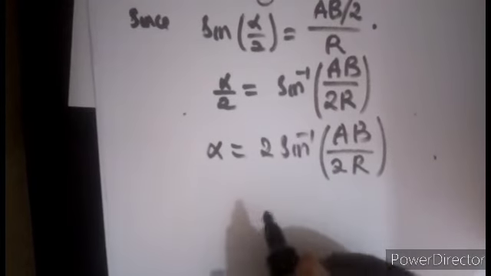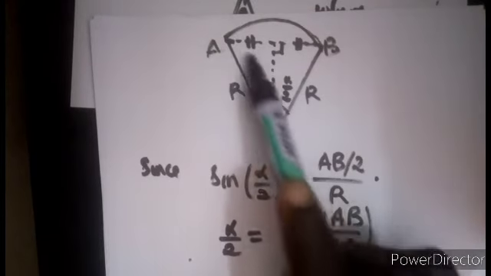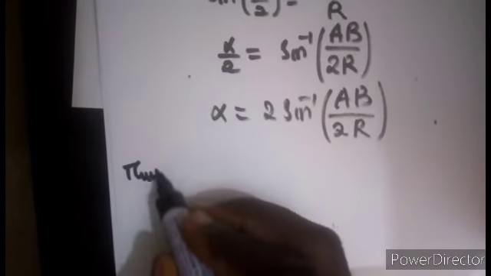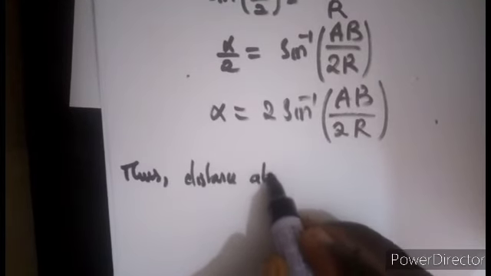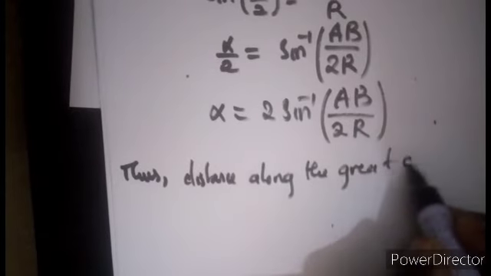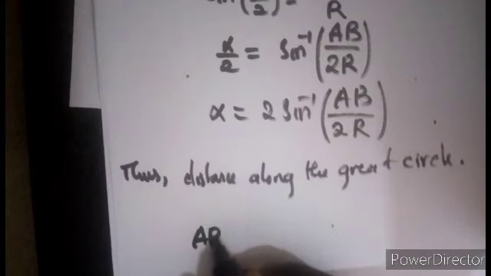Good. So that is alpha. Now the distance along that great circle is what? That's AB.